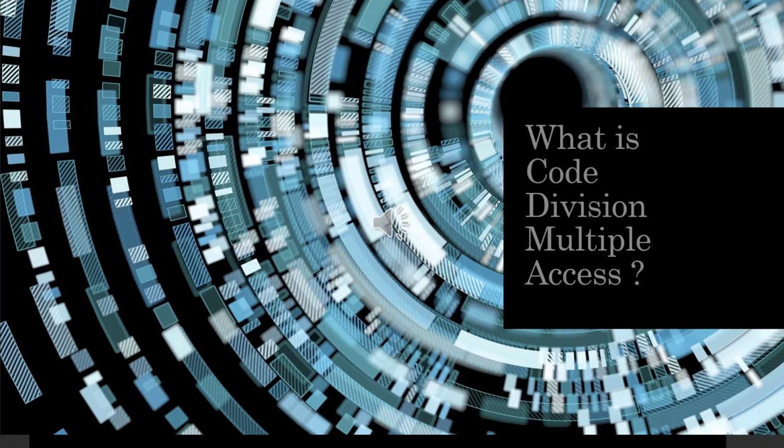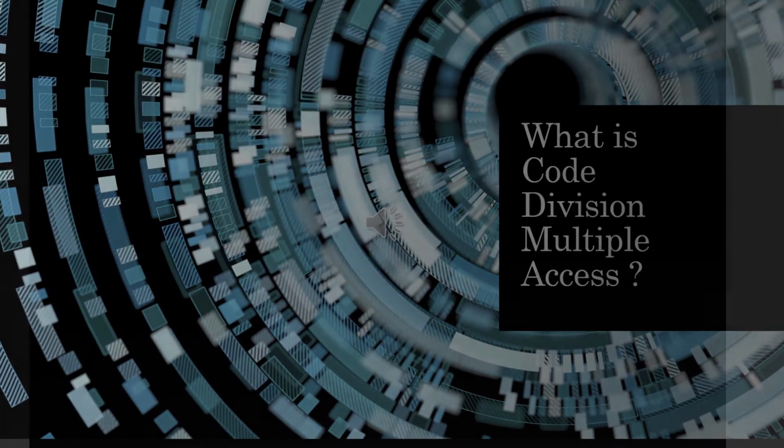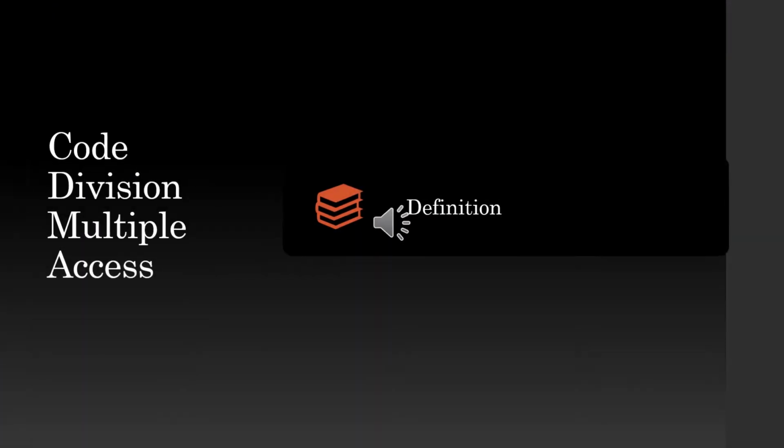What is code division multiple access? Code division multiple access, otherwise known as CDMA, is a channel access method that is used by radio communication technologies.